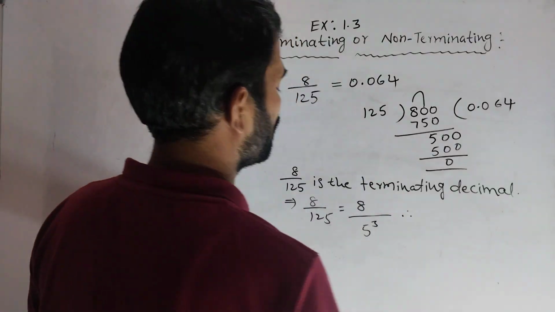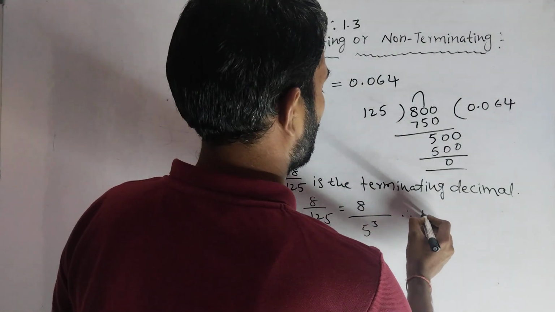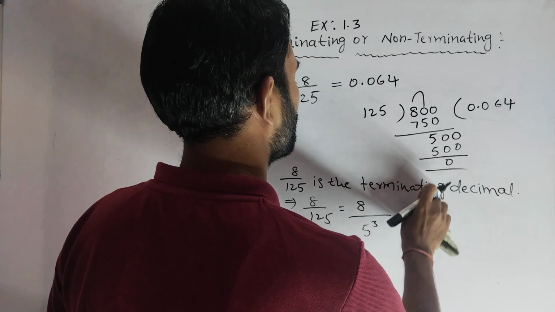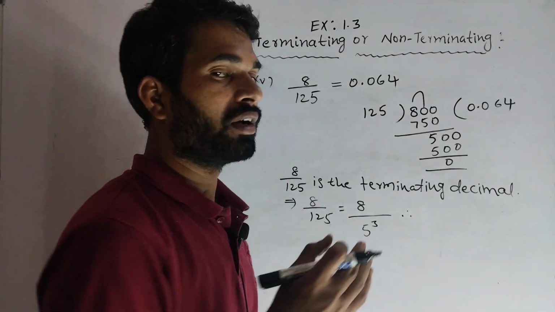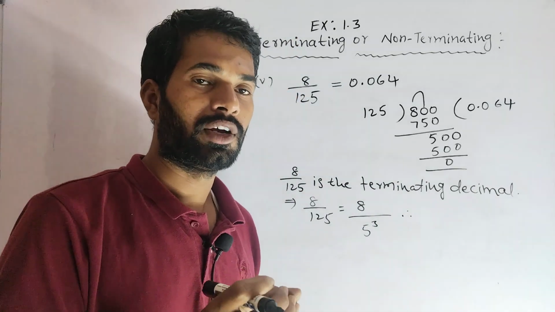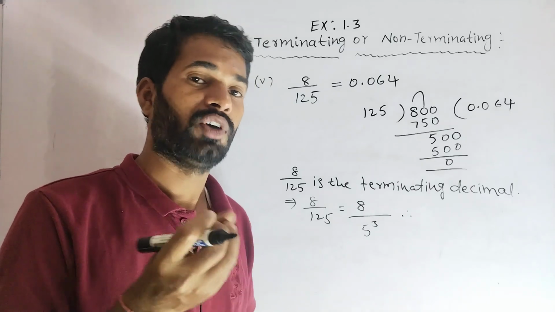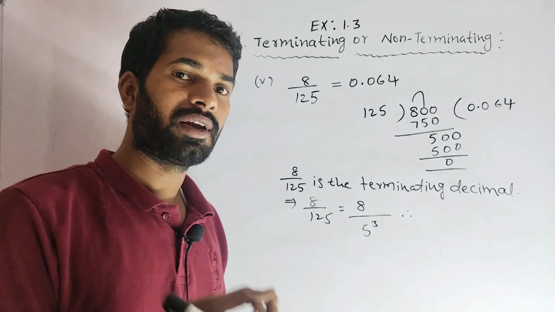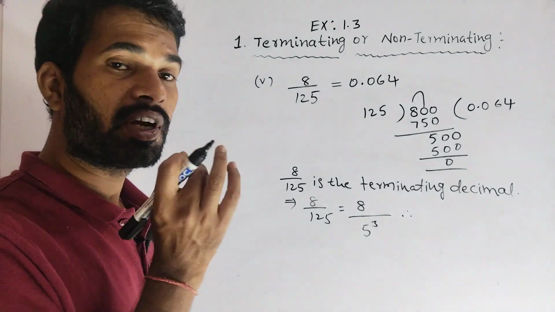So here the denominator is in the form of 5 power m. If the denominator is in the form of 2 power n and 5 power m, or 2 power m and 5 power n, or only one of them, then it is a terminating decimal.